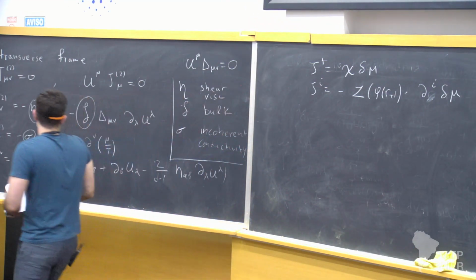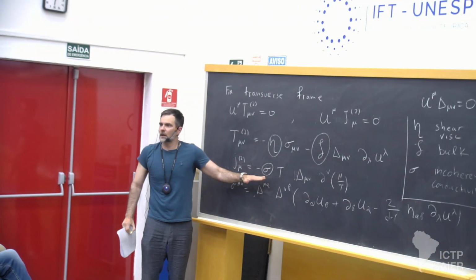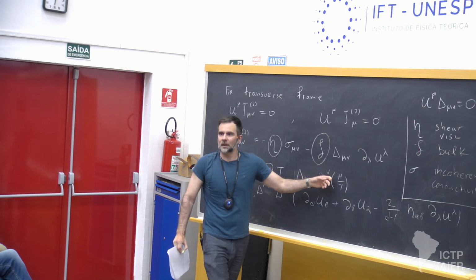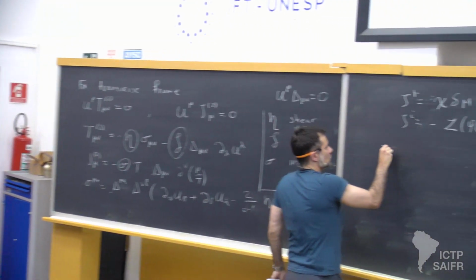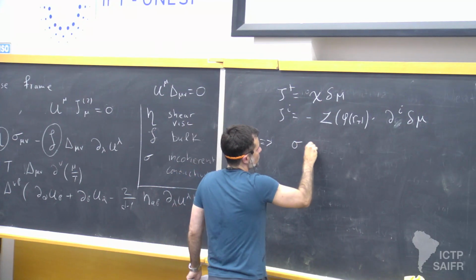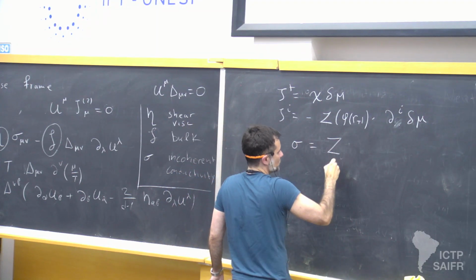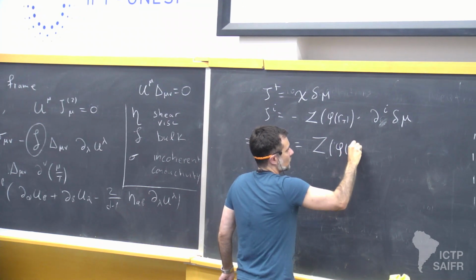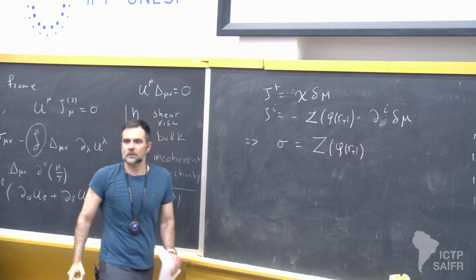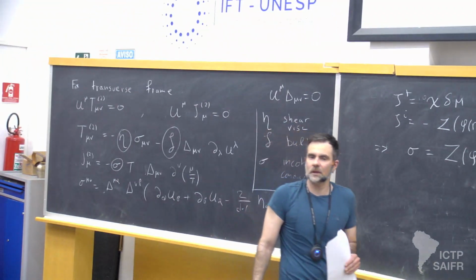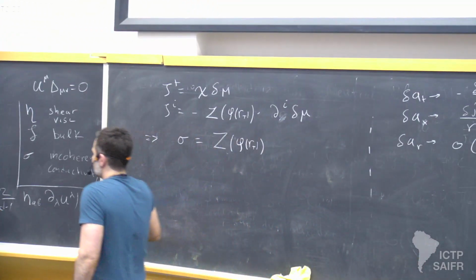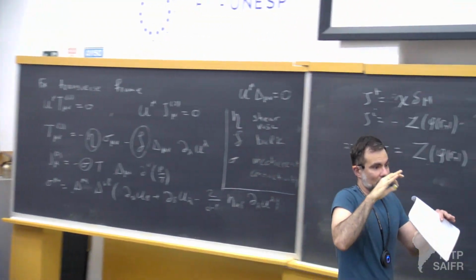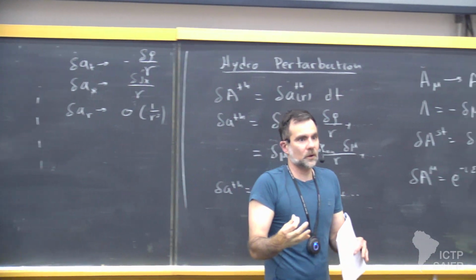If you look at what I have from hydrodynamics here, sigma is whatever multiplies the ith derivative of mu. So this is telling you that sigma, the incoherent conductivity, is given by this function Z that you have in your bulk action, evaluated exactly on the black hole horizon. So the transport coefficients that you have introduced in hydrodynamics, and therefore dissipation, can be read off by just looking at the black hole horizon.